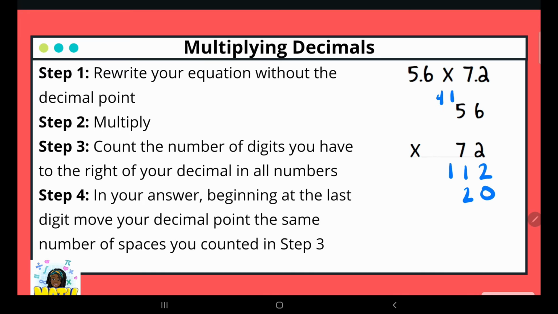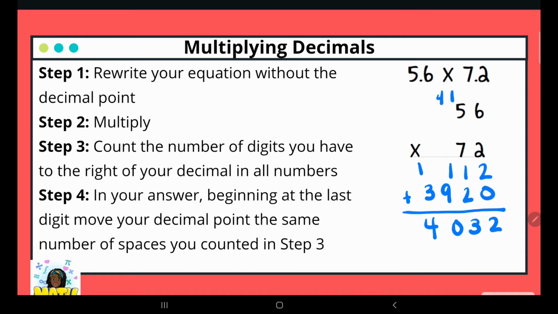Bring the 4. 7 times 5 is 35 plus 4 is 39. And then we're going to add: 2 plus 0 is 2, 1 plus 2 is 3, that's 10, and then 4.